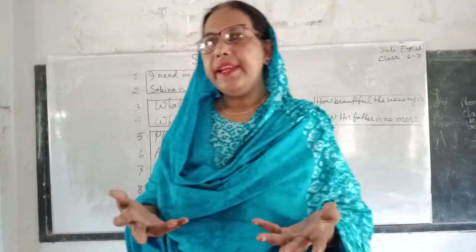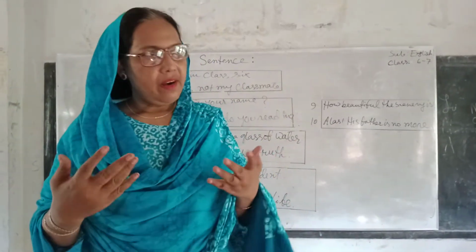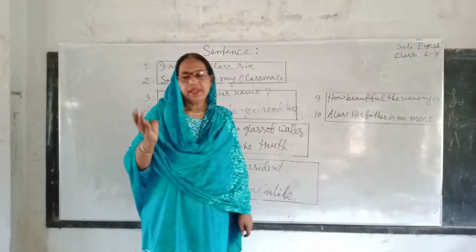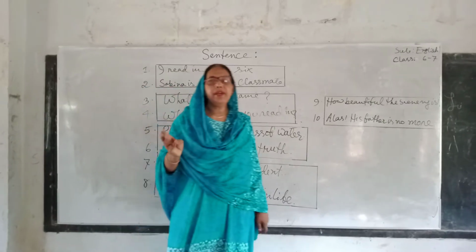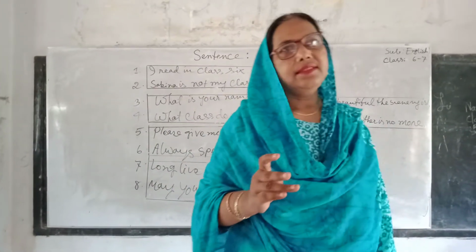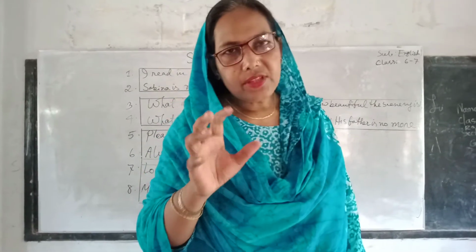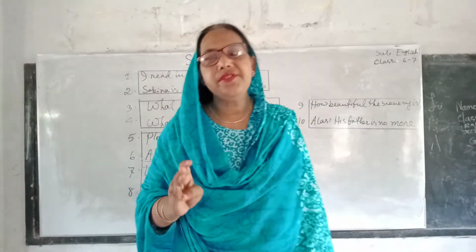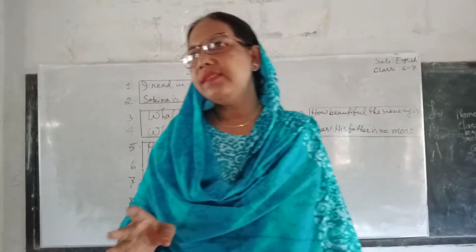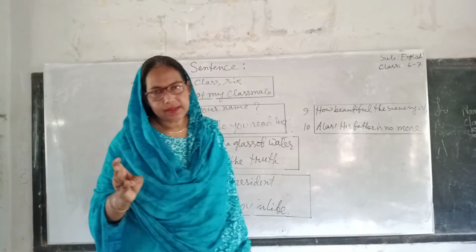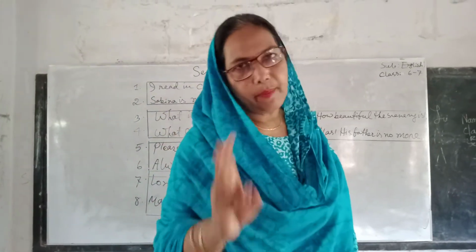According to their meaning there are 5 kinds: assertive, interrogative, imperative, optative and exclamatory. And according to the structure, that means the structural base, there are 3 kinds of sentence: one is simple, another complex and another compound.